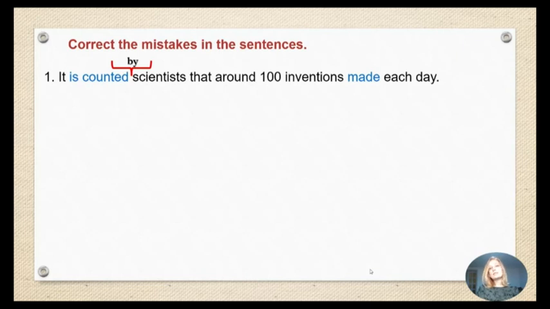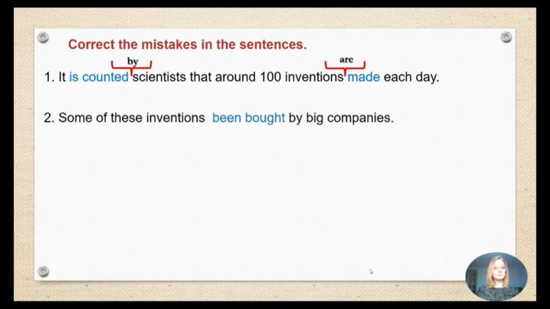No, it isn't. Something is missing. What is it? And the first part is in present simple, so it's present simple as well. 100 inventions, so we need are made each day.